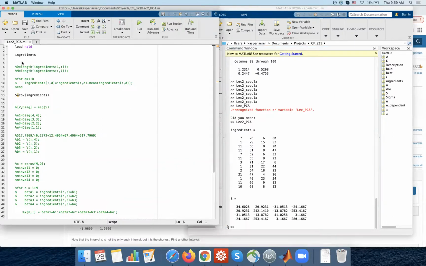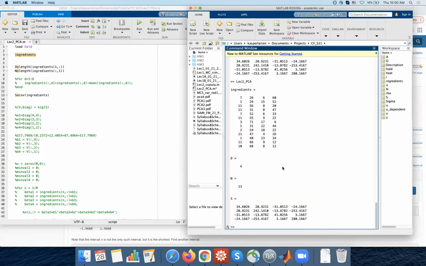If I calculate the dimensions of it, I'm living in a 4-dimensional space, and I have 13 observations.